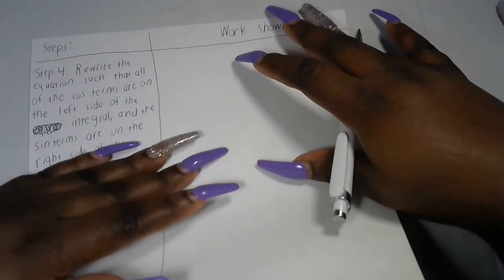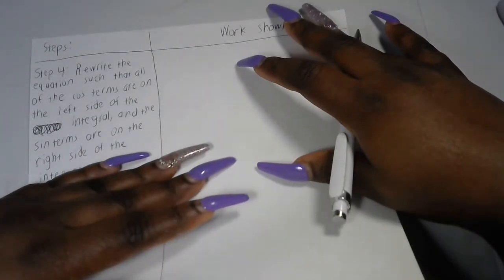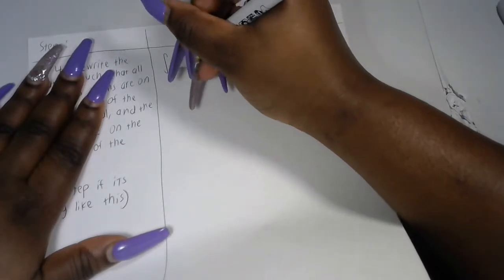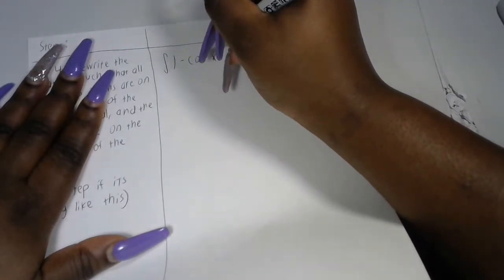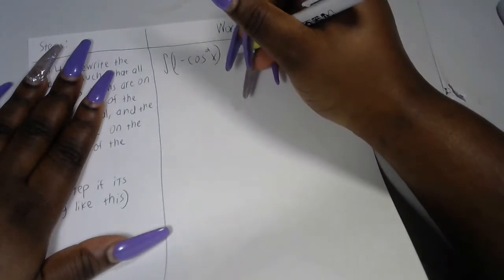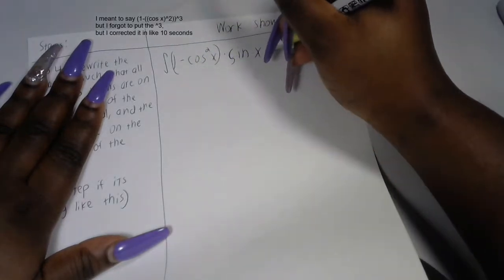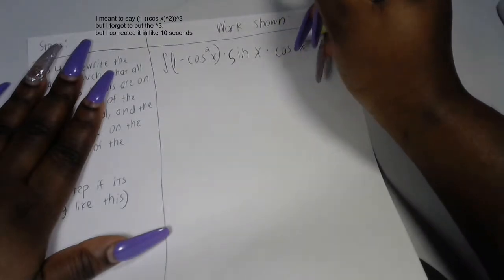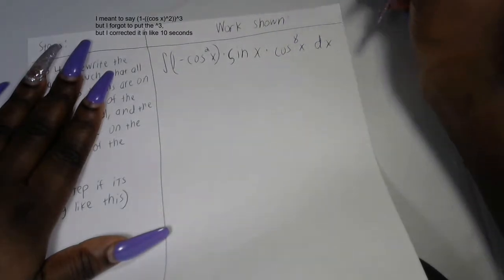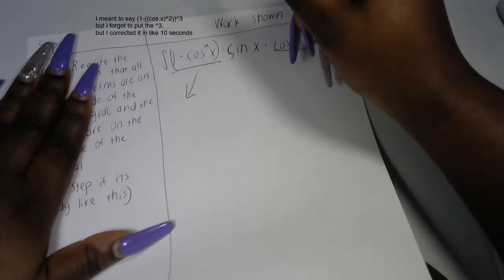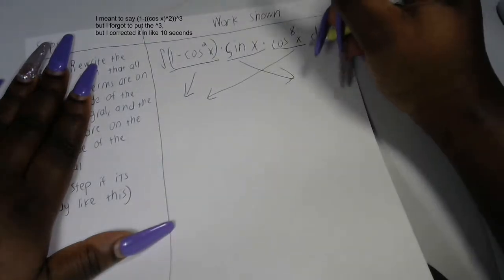So anyway, here we go. So far we got 1 minus cosine x squared, this is what we had from step 3, times sine x times cosine x to the 8th dx. So this has to be on the left, which it already is, but this also has to be on the left, and then this has to be on the right. And then we can just bring dx down. It's always last.